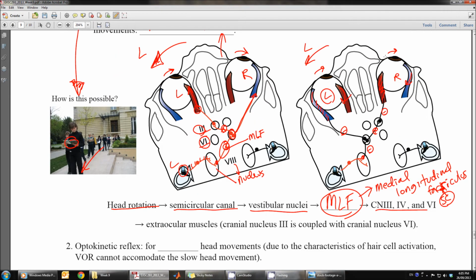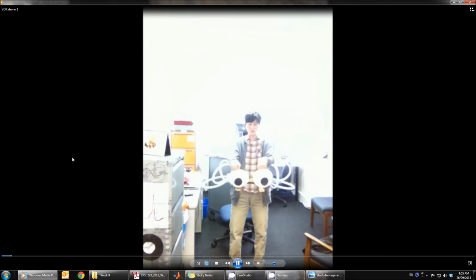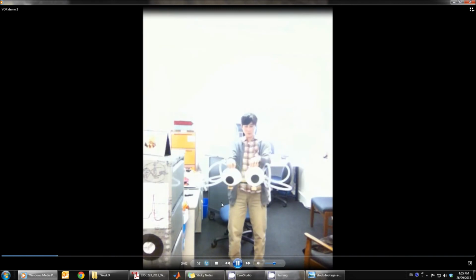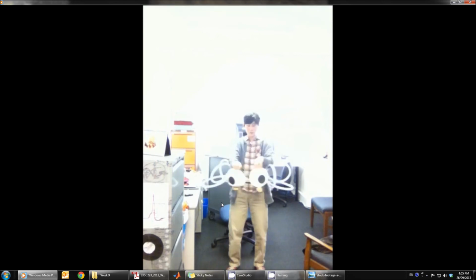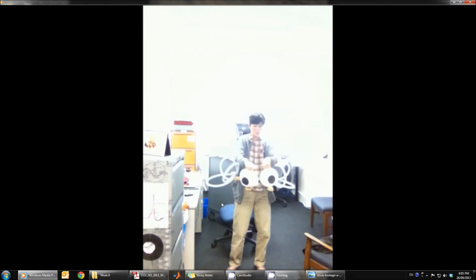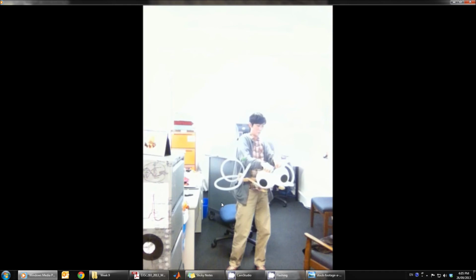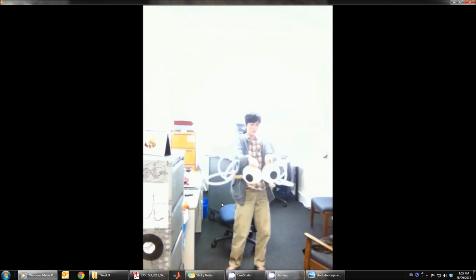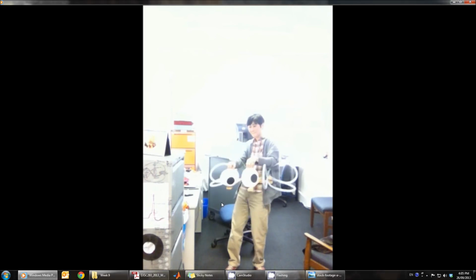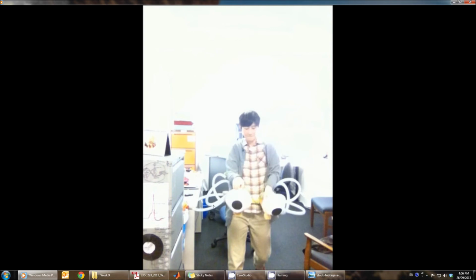So let me just give you another demonstration of this VR demonstration. So your head is moving left and right, and the eyeballs are moving the opposite direction, and the end result is the eyeball is directing straight. It's not really strictly straight, but you can just imagine the eyeball is looking straight.